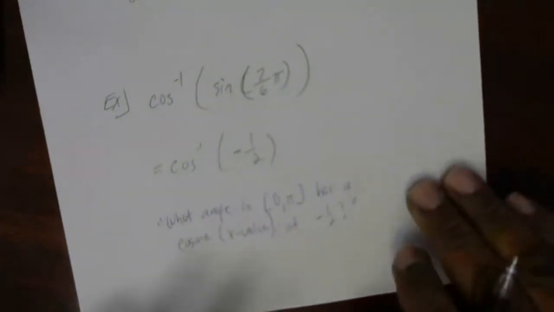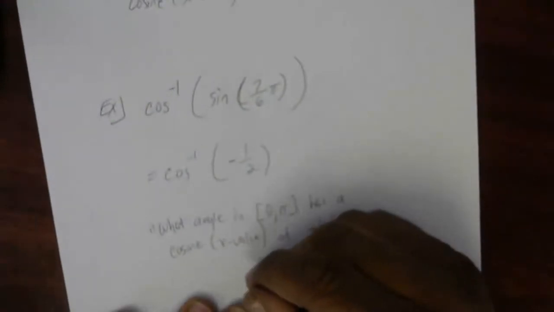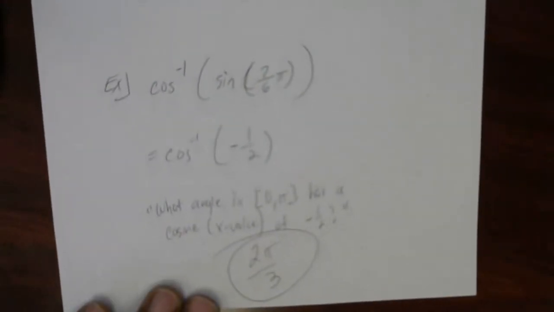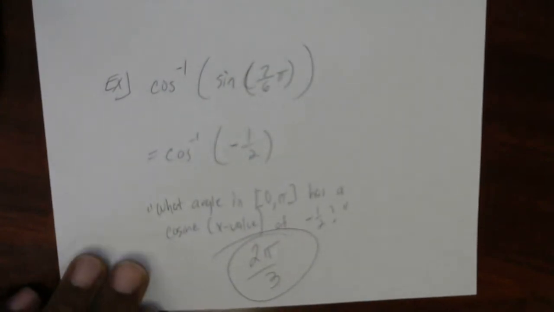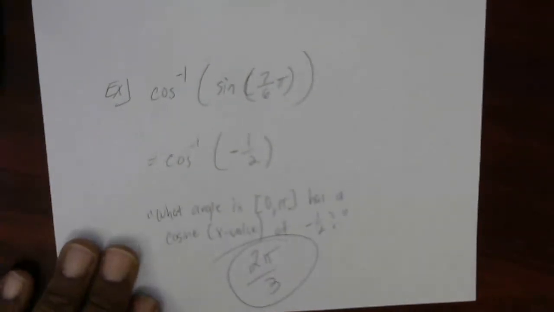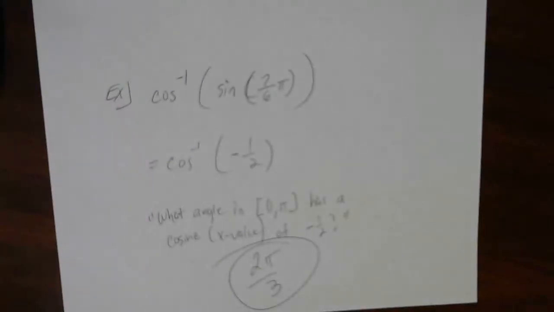And if you look at your unit circle, you should see that 2 pi over 3 has a cosine or an x value of -1/2. All right, any questions about these examples?